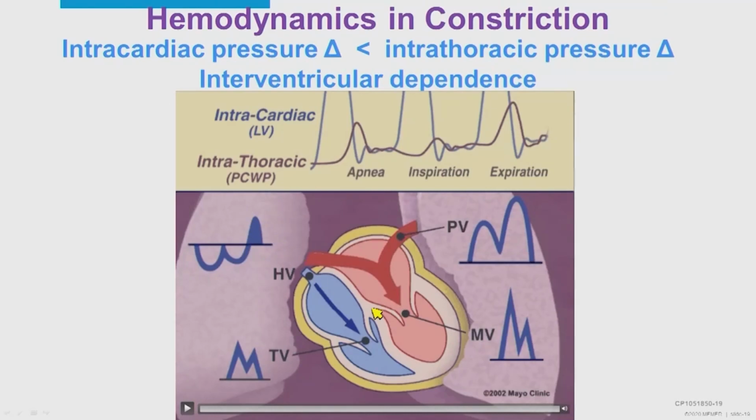So we need to demonstrate these two features, whether you do it by echocardiography or by cardiac catheterization, to diagnose constriction correctly and distinguish it from restrictive myocardial disease.